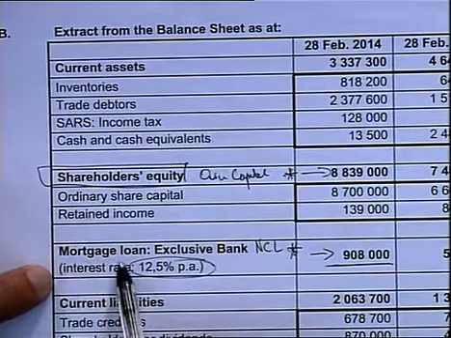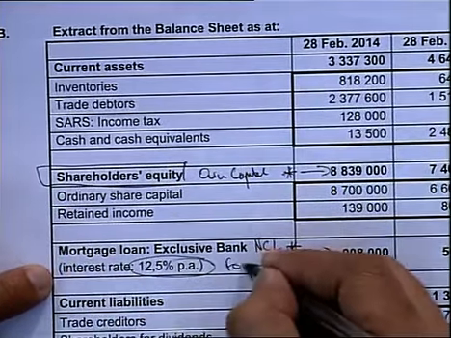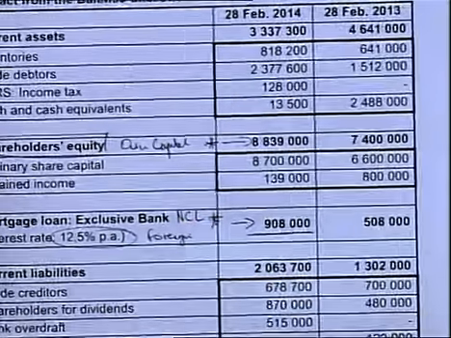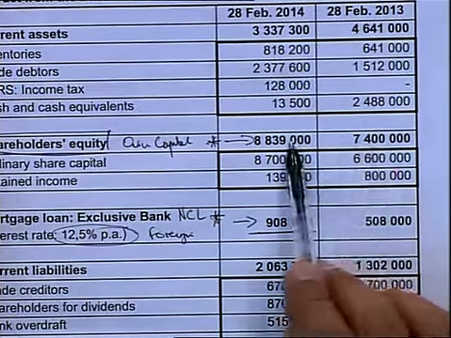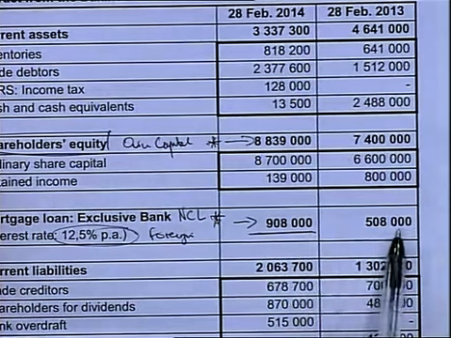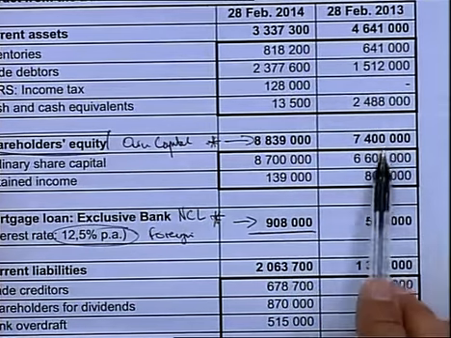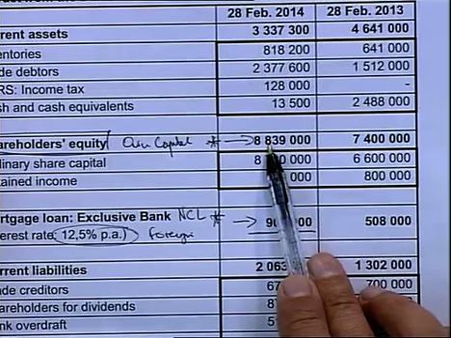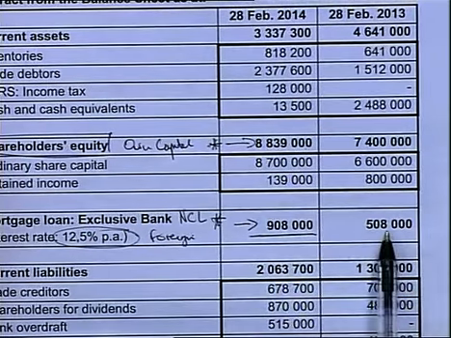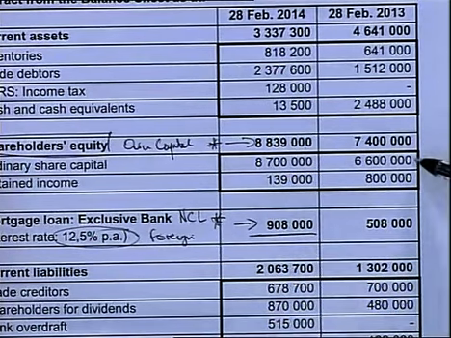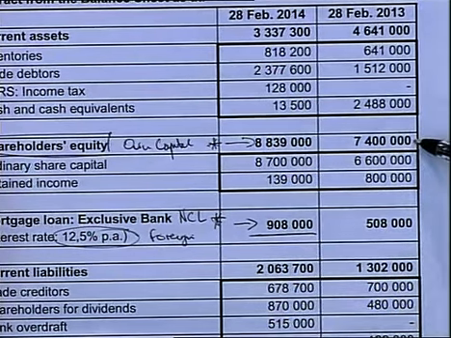Non-current liabilities or the mortgage loan, that is the foreign capital. So I'm looking at 4 figures. So it's the average of those two and the average of those two. So it's going to be 7.4 million, then the 8,839,000, 508,000, 908,000. Just be careful because they're giving us the totals already.